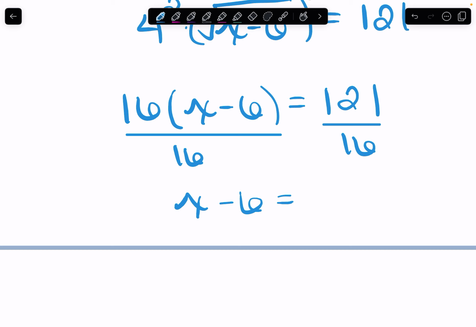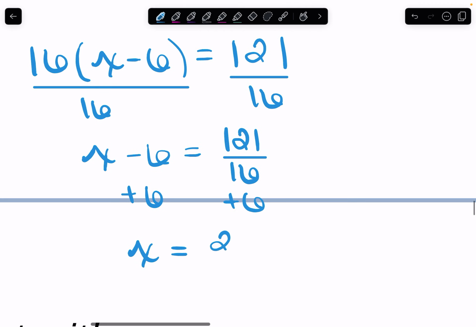Again, check if things reduce, and it does not, so we just get this lovely fraction, 121 over 16. And then we add 6 to both sides. So we're going to add 6 to that wonderful fraction. Use your fraction template. So we get x equals 217 over 16.